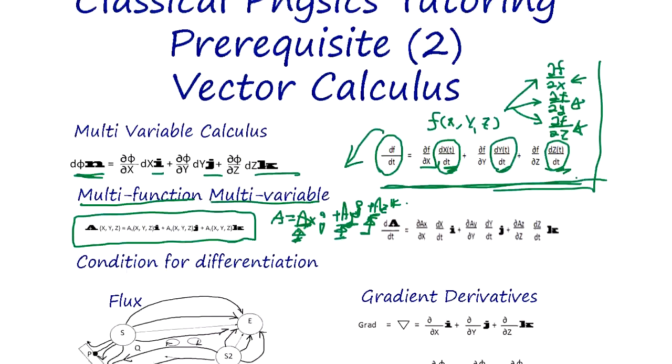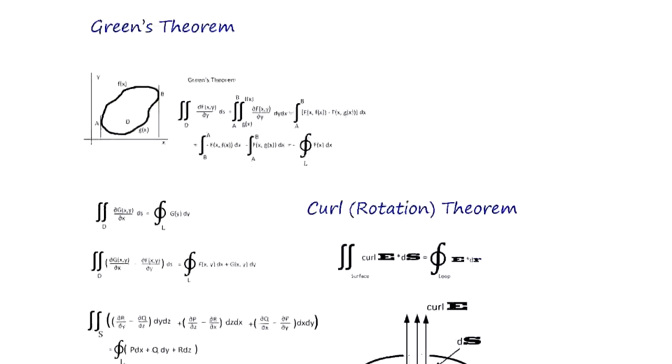For example, in a contour diagram, you may have two small mountains, right? And if you are here, depending on which direction you go, the slope is different.